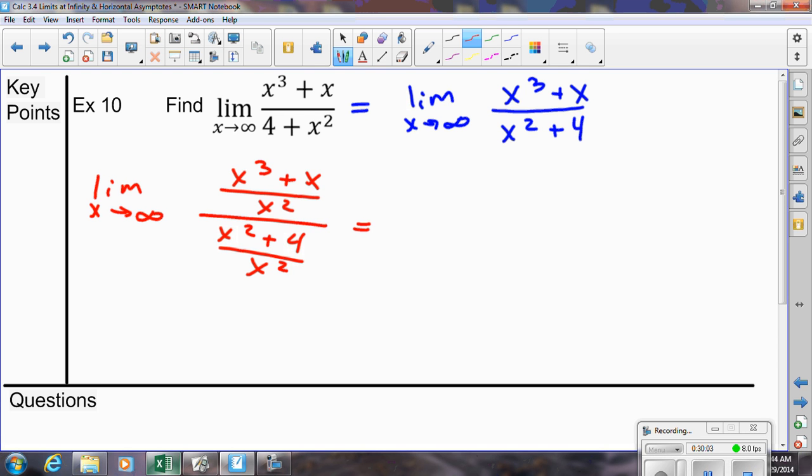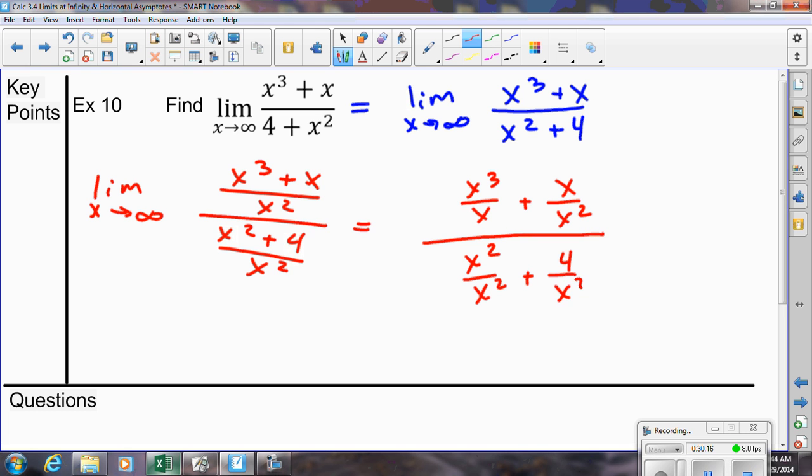This gives us x cubed over x squared plus x over x squared over x squared over x squared plus 4 over x squared, and we're still taking the limit as x approaches infinity. You'll see why I wanted to use the largest exponent from the denominator in a second.